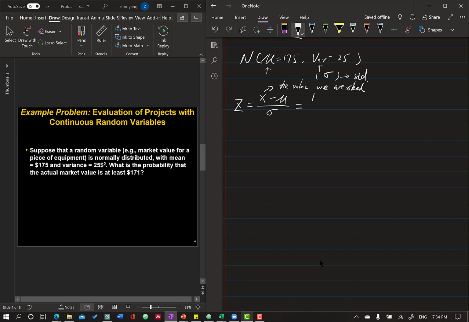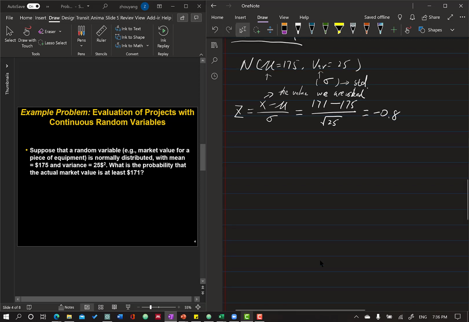In this context, x is 171, the mean is 175, and the standard deviation is the square root of the variance, the square root of 25, so we get minus 0.8.